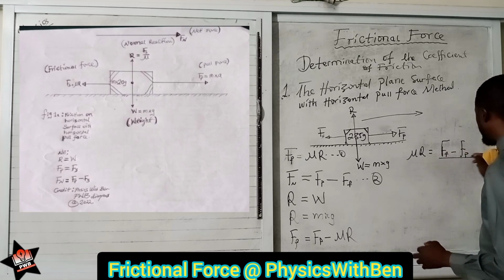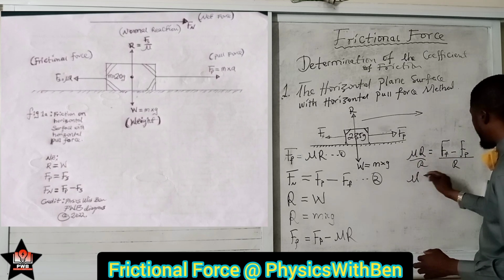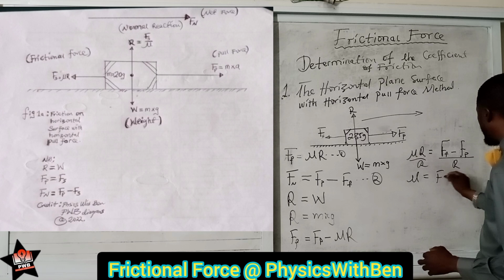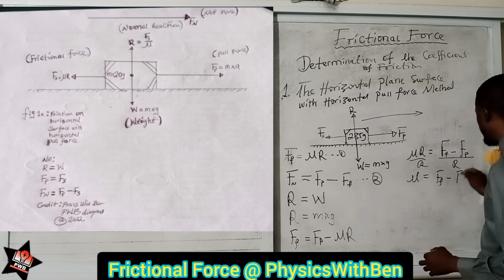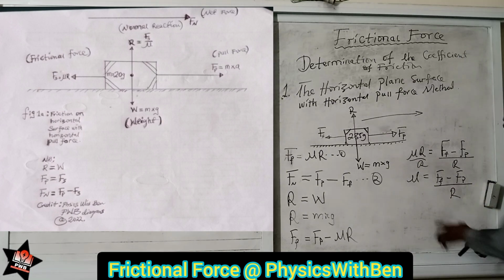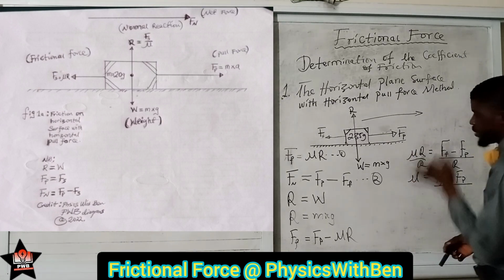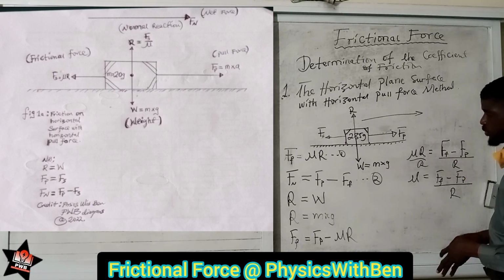So you divide both sides by R, and then your mu is equal to the pull force minus the frictional force divided by the normal reaction. So in any case, you make mu the subject of the formula and then you substitute.